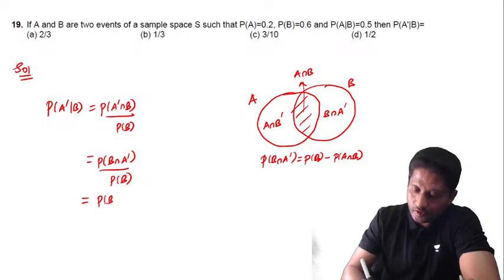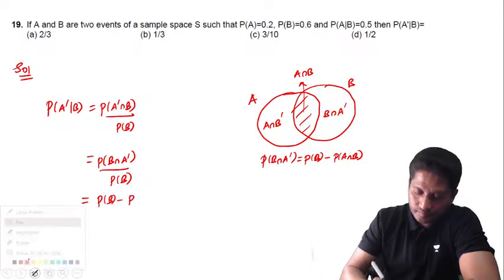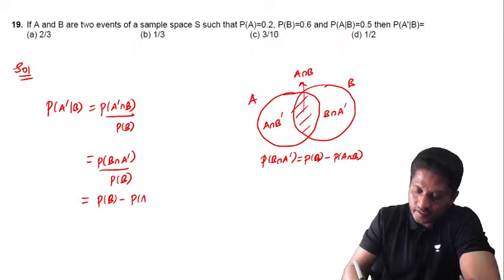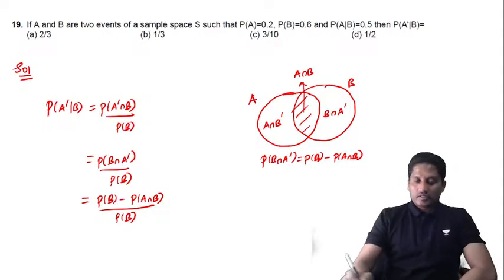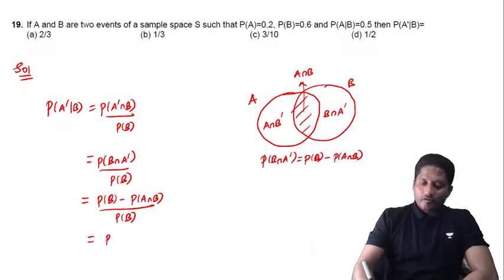So this fellow is equal to P of B minus P of A intersection B divided by P of B. Right, now this can be written as P of B divided by P of B minus P of A intersection B divided by P of B. Isn't it, guys? This should equal to 1 minus P of A given B.